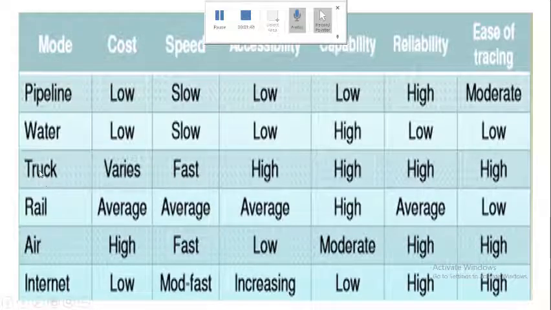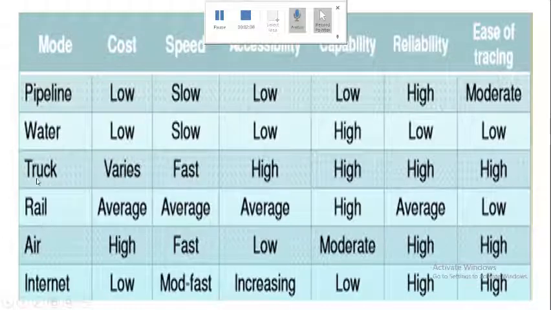And then the second, truck. The cost of truck varies, the speed is fast, accessibility is high, the capability is high, and the reliability is average. The ease of tracking is high.